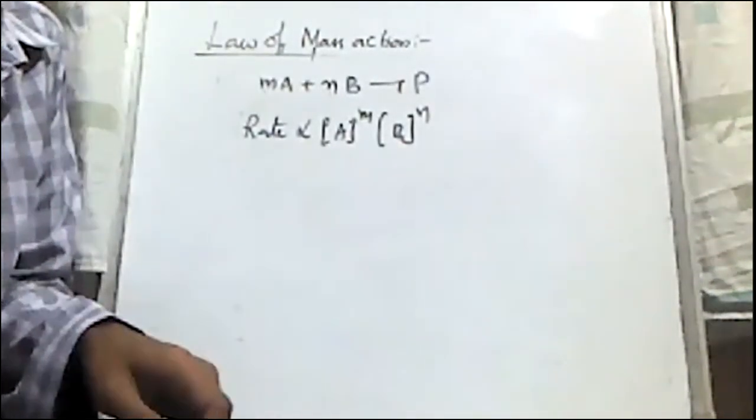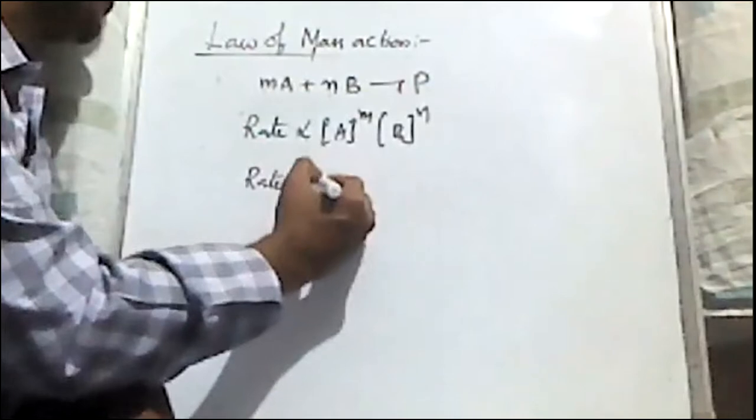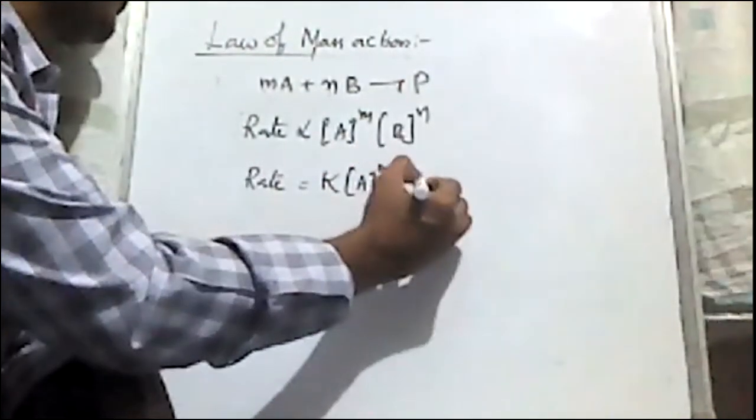Now, if I remove this proportionality, then I put some constant k here: rate equals k into A power m into B power n.